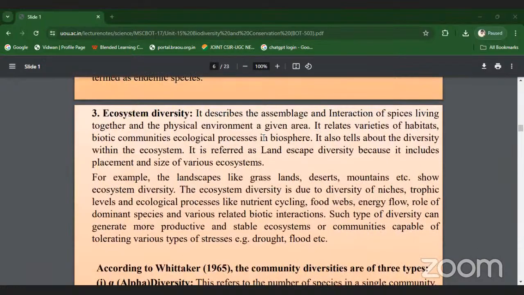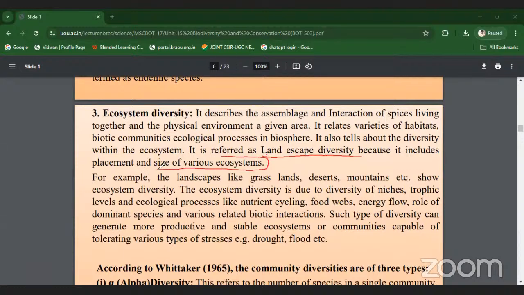Ecosystem diversity describes the assemblage of individuals and different types of species. It is referred to as landscape diversity because it includes size variation of ecosystems.